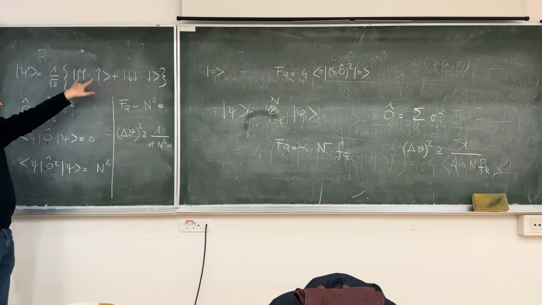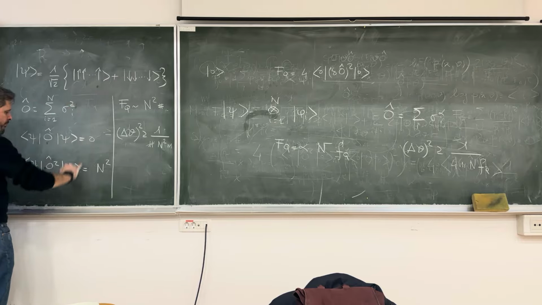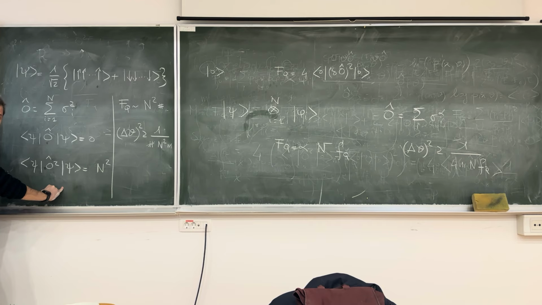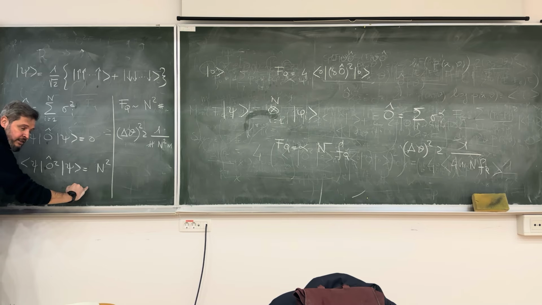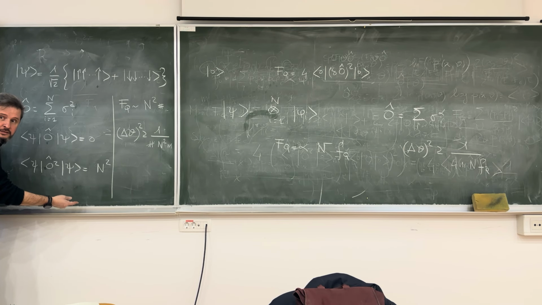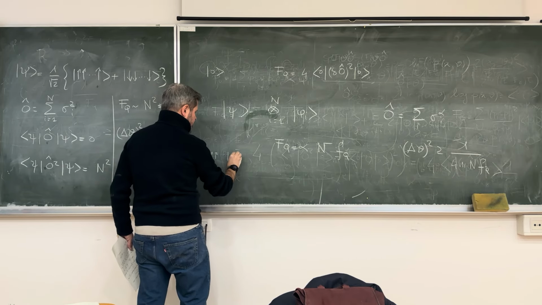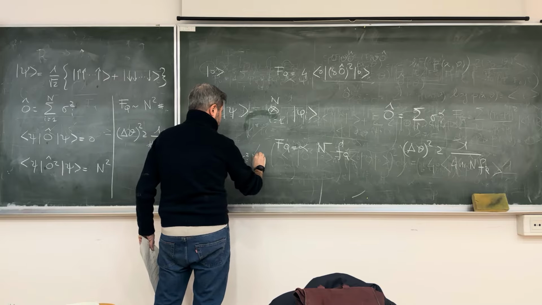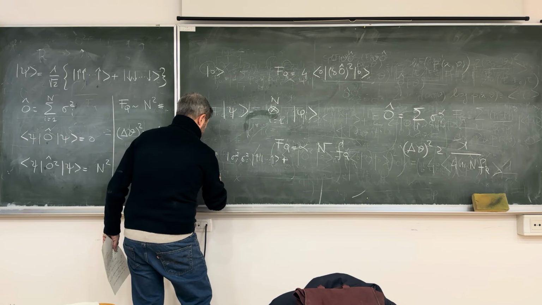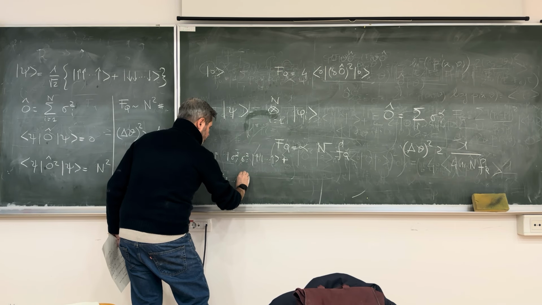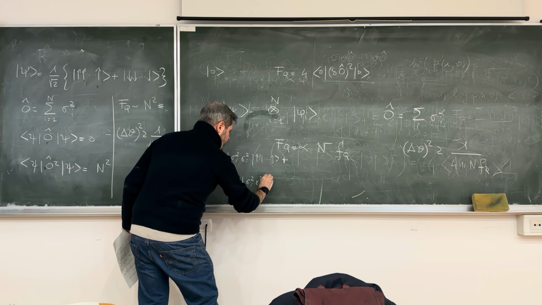So imagine writing this, you will have the sum over ij of up, sigma z_i sigma z_j, up, and that will be n squared terms, plus down, sigma z_i sigma z_j, down.